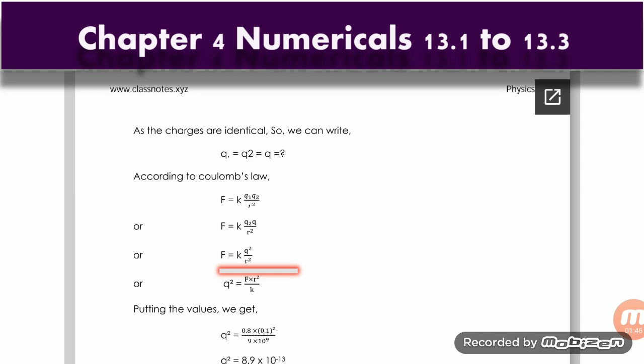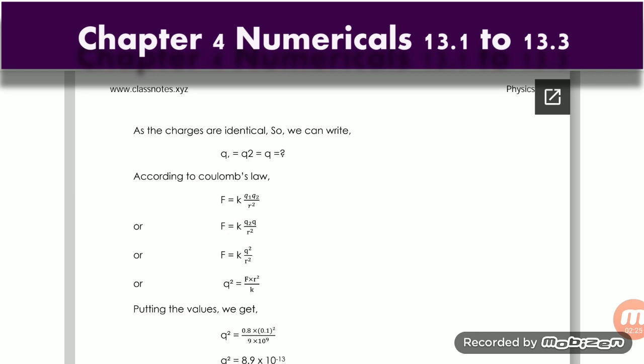We do not want F, we want Q. Here r square is dividing Q square, so when it goes to the other side it gets multiplied with F: r square multiplied by F is equal to K multiplied by Q square.